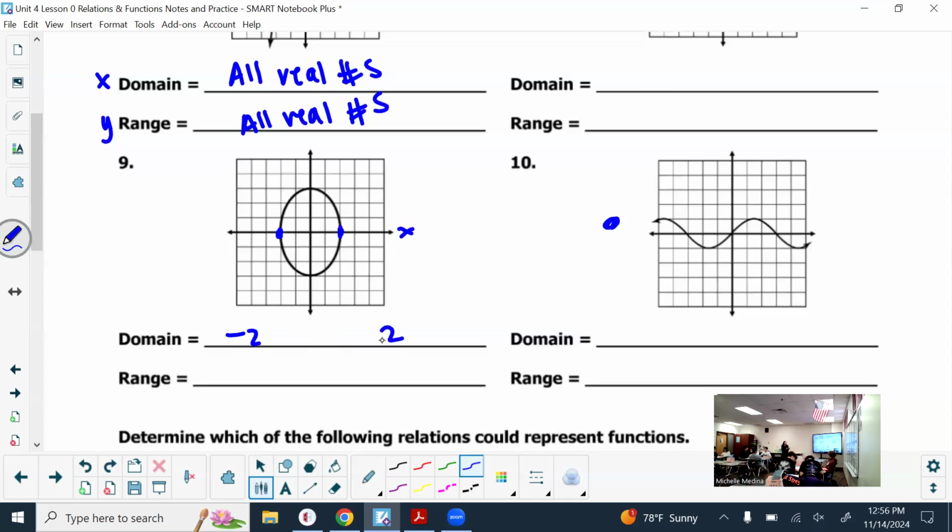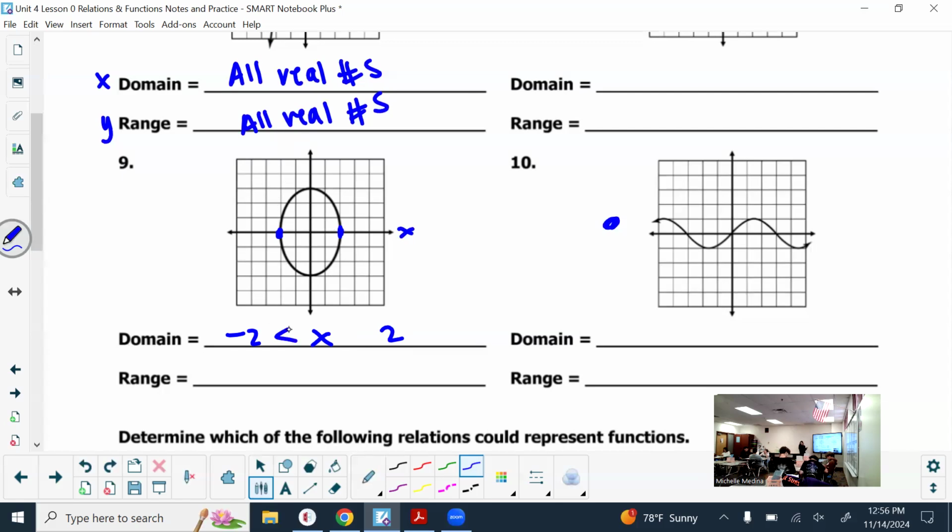And I set it up like this. Smallest number on the left, bigger one on the right. We're talking about domain. We're going to use the letter x. For each boundary, you use an inequality symbol to show that x can be all of these numbers. So compared to the -2, the x's that are on this circle are all bigger than the -2.